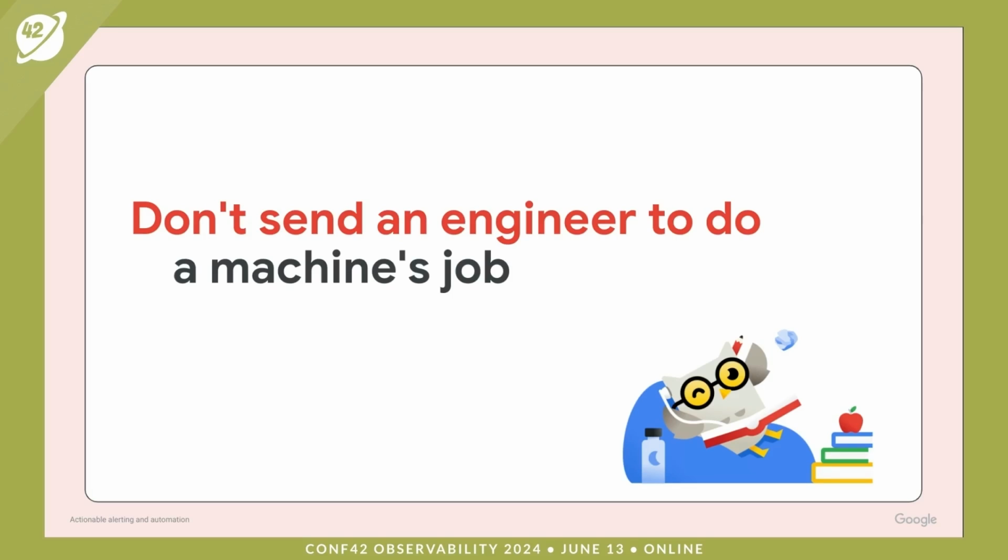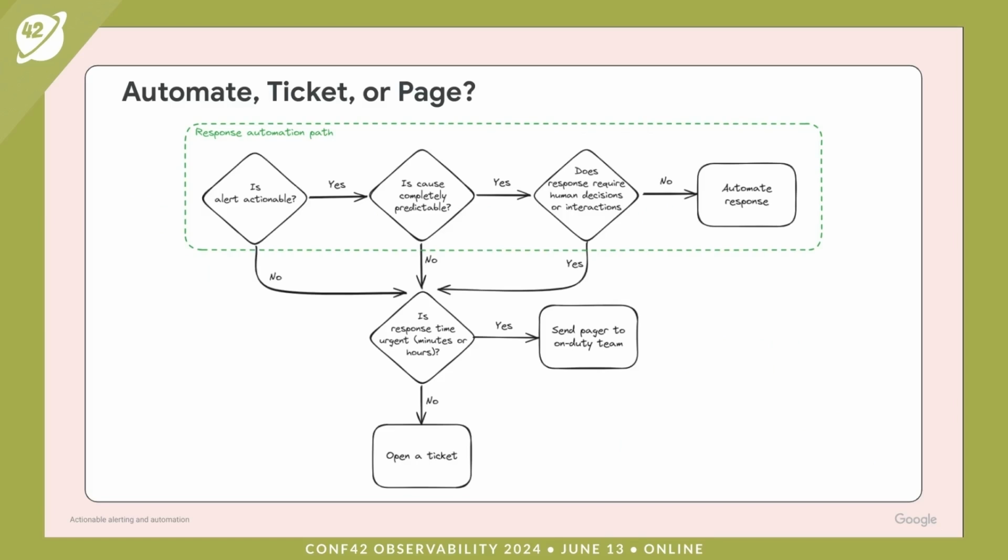Obviously, not any alert response can be automated. There are distinctive signs that an alert response can be automated. The alert is actionable, meaning the three components of the alert, when, what, and how, follow the efficient alert principles. The cause of the alert is deterministic and can be derived from the information captured with the alert.